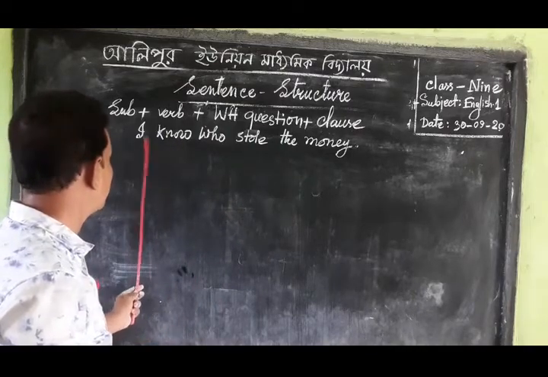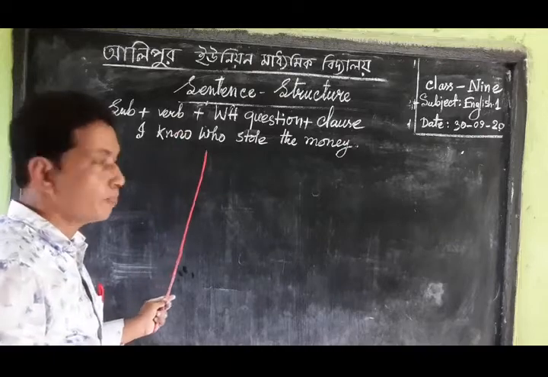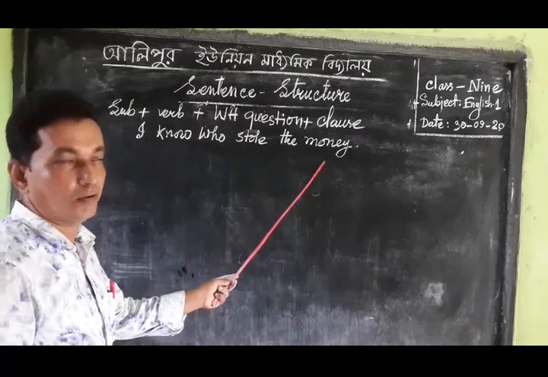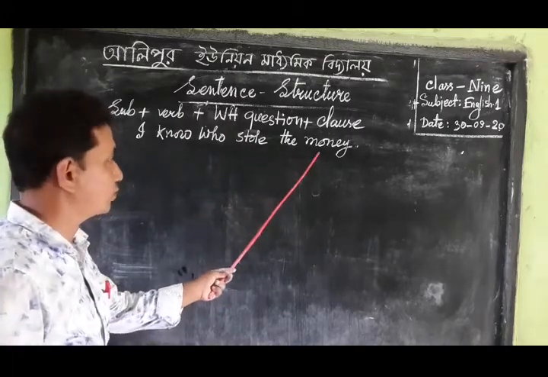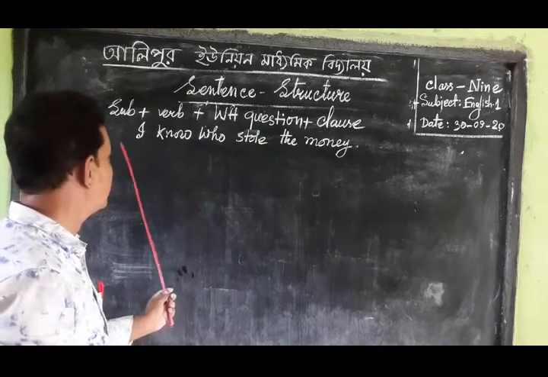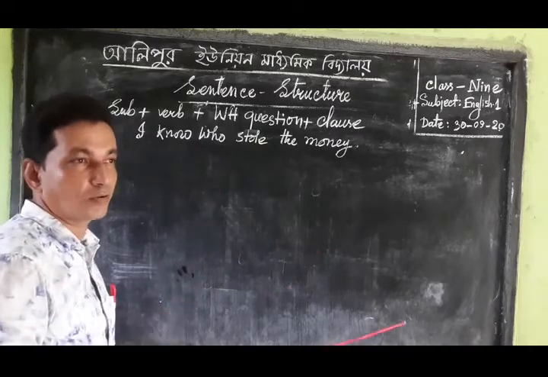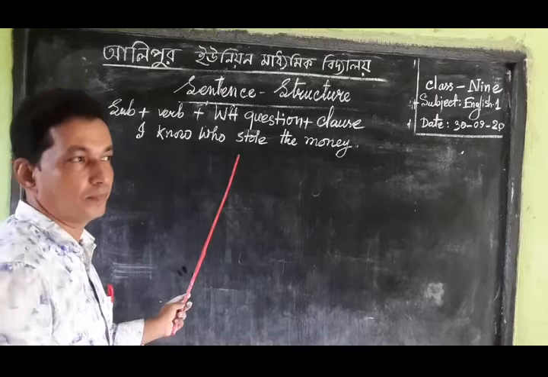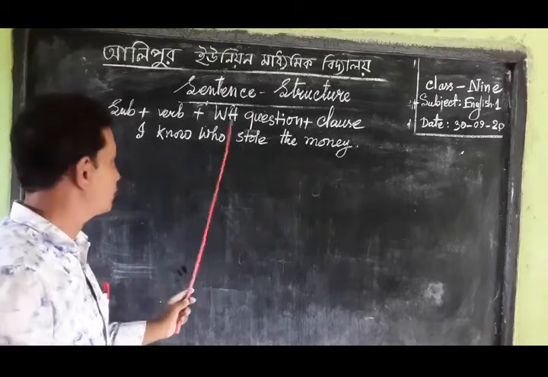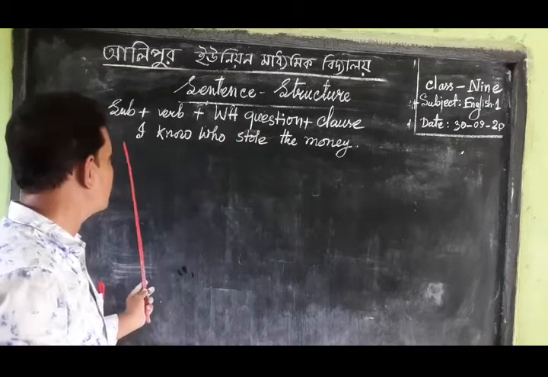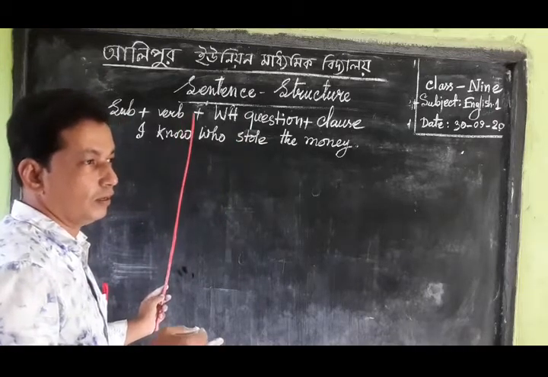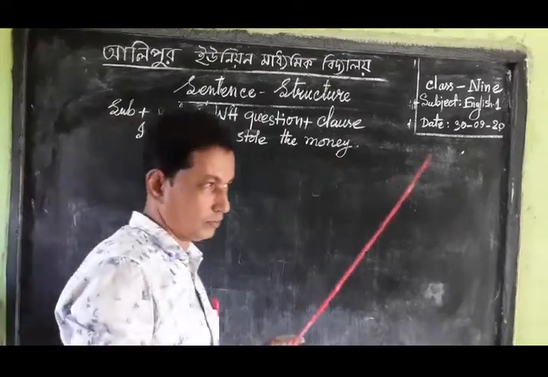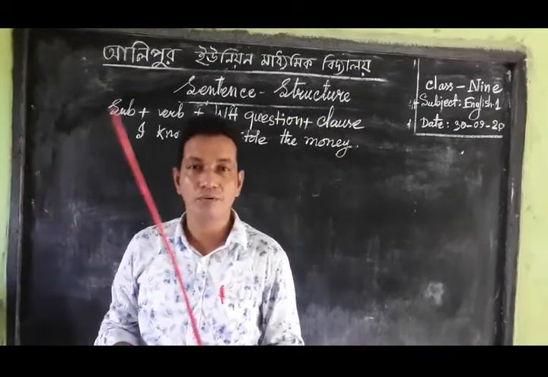I is the subject, know is the verb, and the WH word who has created a new clause, stole the money. Who stole the money is a clause, and I know is a clause, and these two clauses make one sentence, called a complex sentence. There are two clauses here: one is the subordinate clause made by who, and the other is the principal clause. Together they make a complex sentence. You should know this item very well, staying at home.